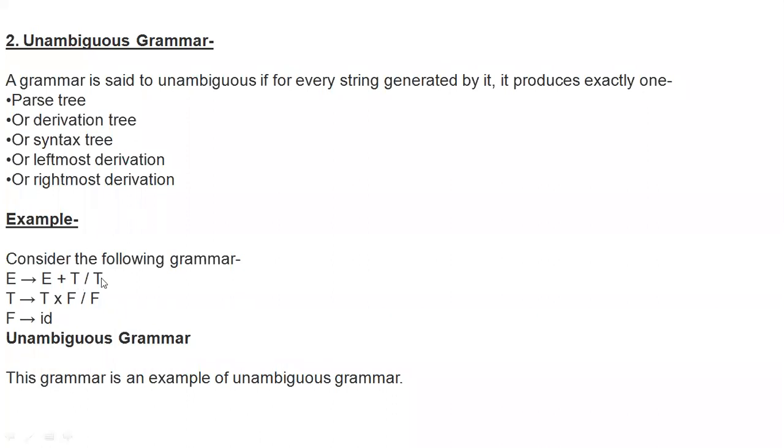Like in the place of E, we use T, and in the place of T, we use F. So for that, we are writing like this: T or F, right? And finally, F tends to id.